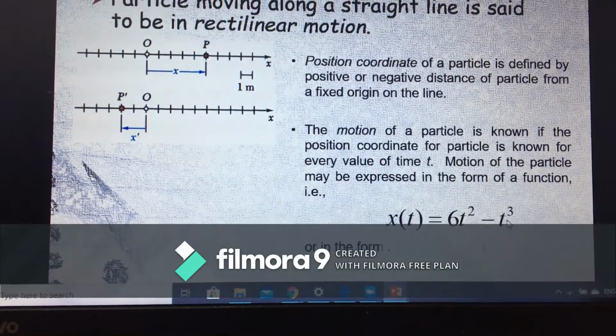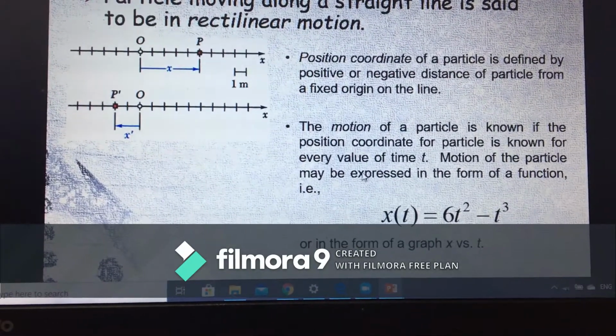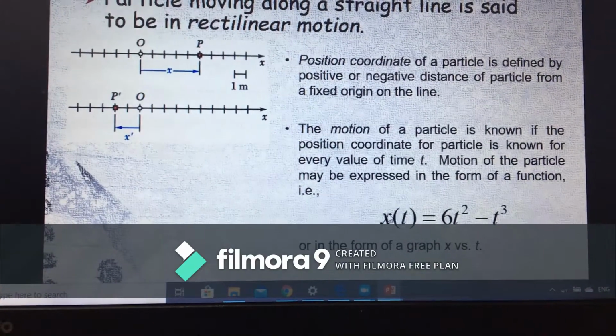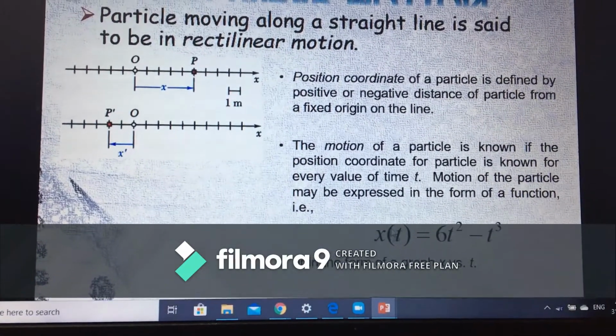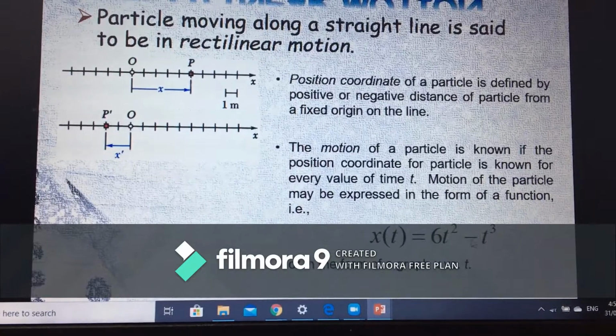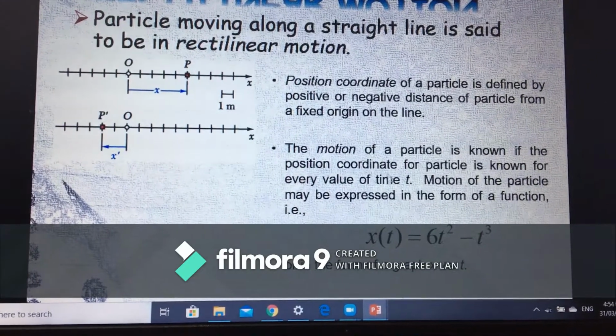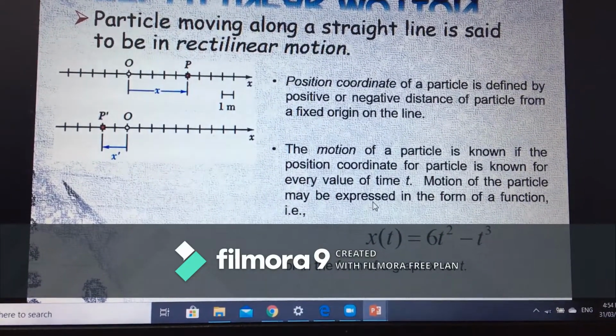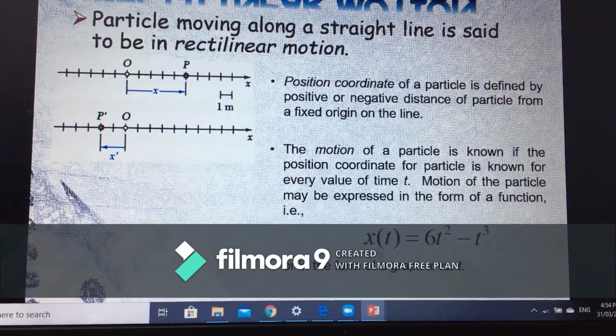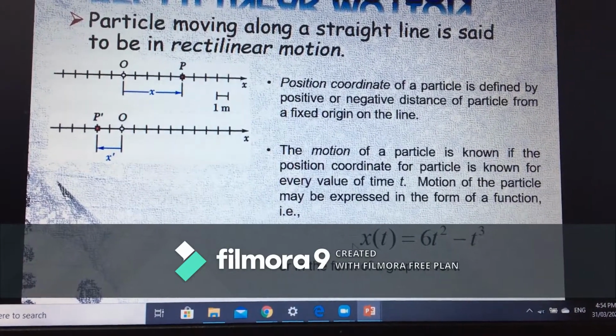We can graph this function, with x as the distance traveled by the particle going upward, and time going to the right.